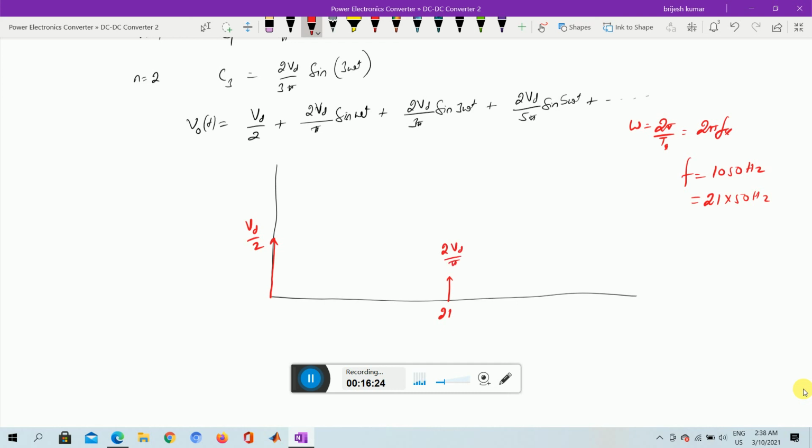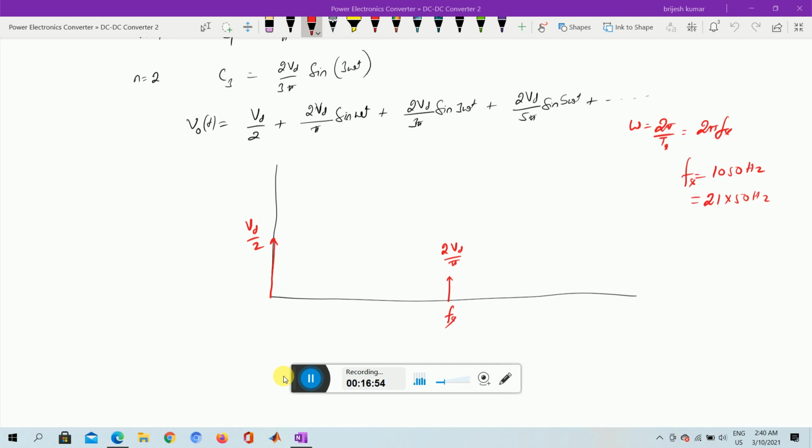After that it is the third one. Accordingly we can write either as 21, or we can write here the 21st order. So this will be of Fs, and Fs is the 2 Vd by pi, and this is Fs actually, the switching frequency.